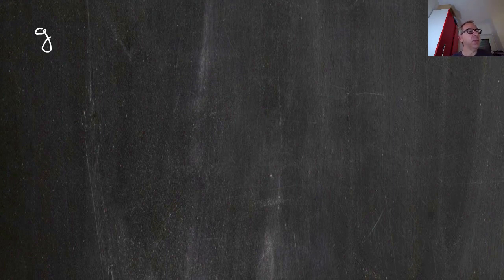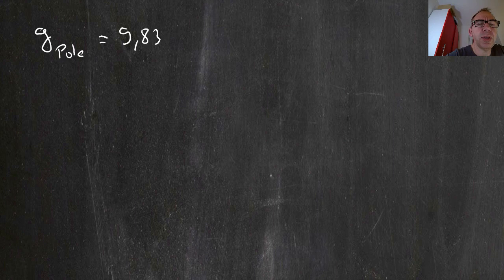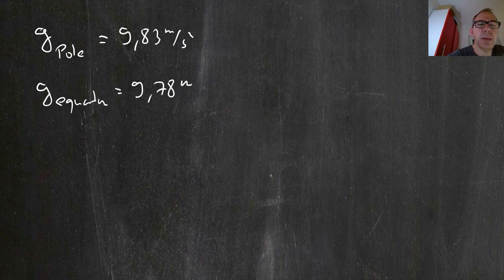For example, if we go to the North or the South Pole, you measure a value of 9.83 meters per second squared, while if you go to the equator, you measure a value of 9.78 meters per second squared.